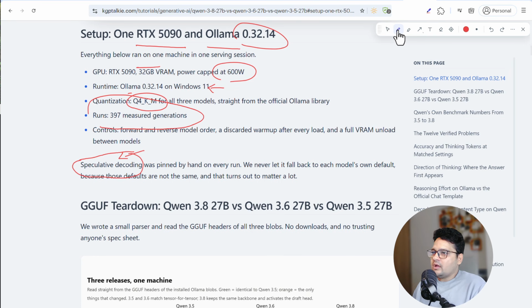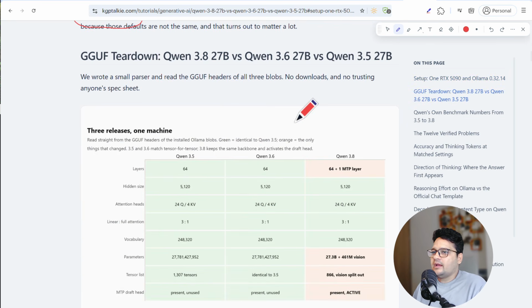Now, having said that, let's go ahead and see what the architectural differences are between Qwen 3.5, Qwen 3.6 and Qwen 3.8. First of all, you should not be surprised to know that there is no architectural difference between all these models.